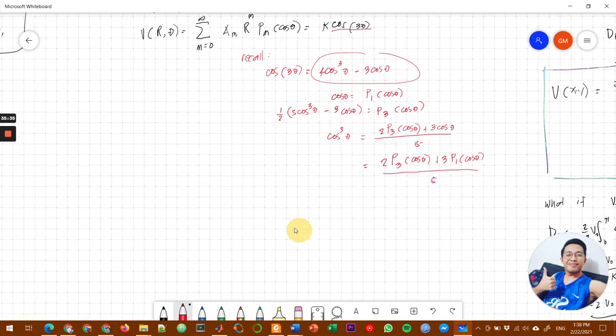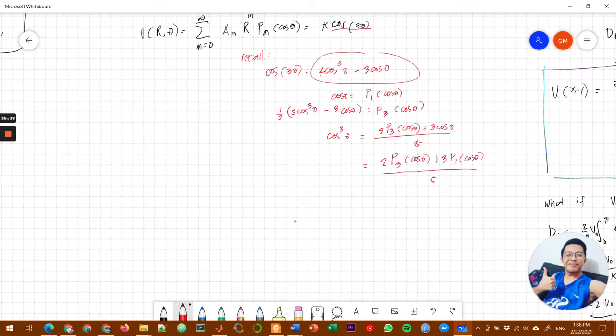So therefore, our cosine 3 theta is equal to, substitute na siya, 4 times cosine cube, that would be 4 times the whole thing, 2P3 cosine theta plus 3P1 cosine theta over 5, minus 3P1 cosine theta.